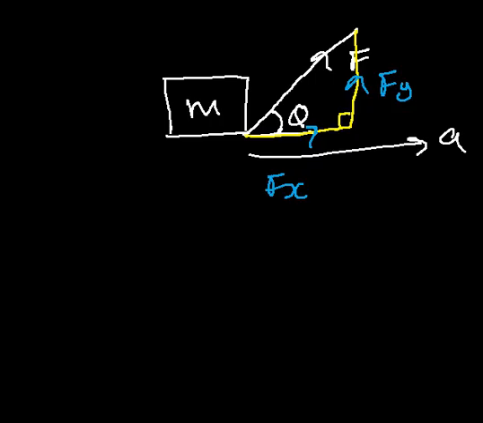According to the principles of the trigonometric ratios, you observe that this is the opposite over the hypotenuse, and that is a sine. So Fy corresponds to F sine theta.